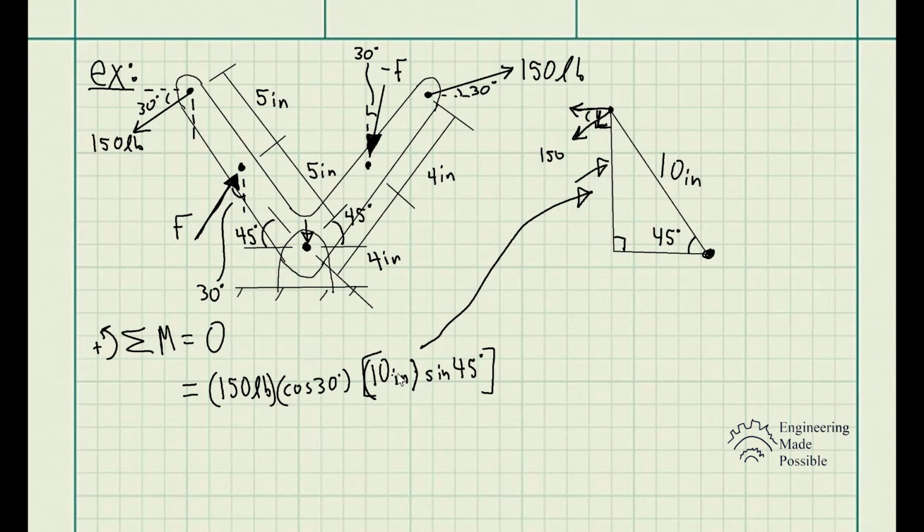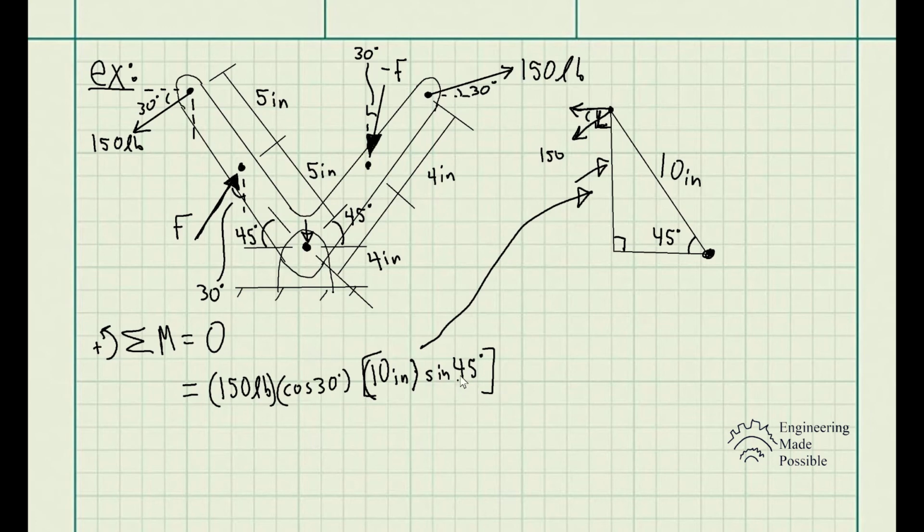This is where I got 10 inch times sine 45 to give me the distance that's perpendicular with respect to the force of the x component. So keep that in mind. You need to find the distance that's perpendicular with respect to the x component force and the y component force if you do happen to break up the forces into components. So this is for the x portion.